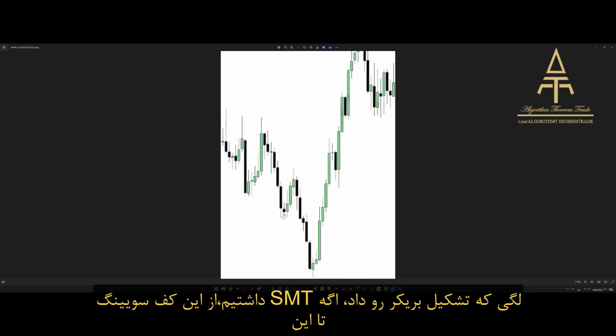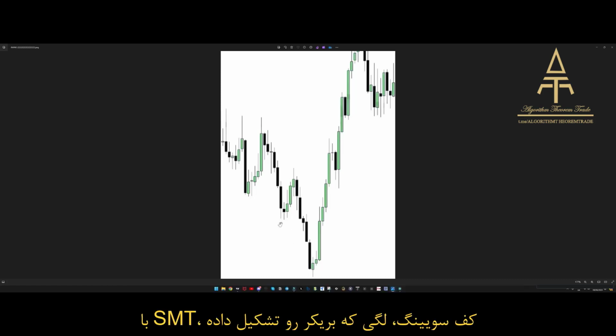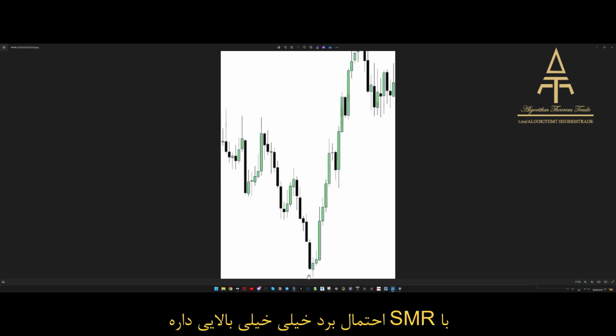The leg that made the breaker, if we get SMT from this swing low to this swing low, so the leg that made the breaker, SMT with the SMR, this is very, very high probability, like 90%.